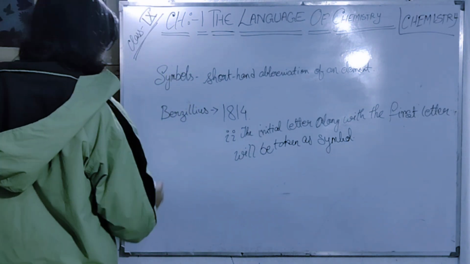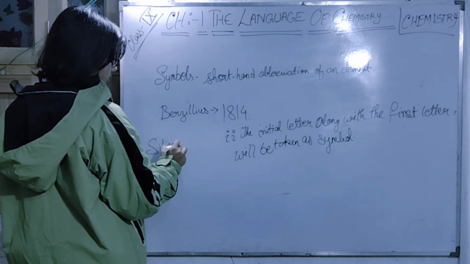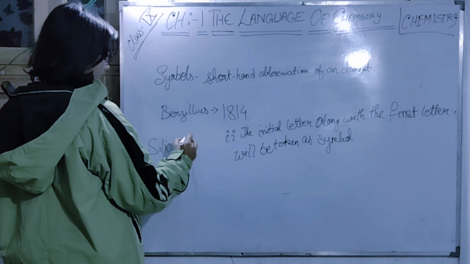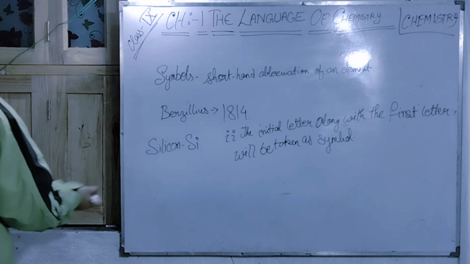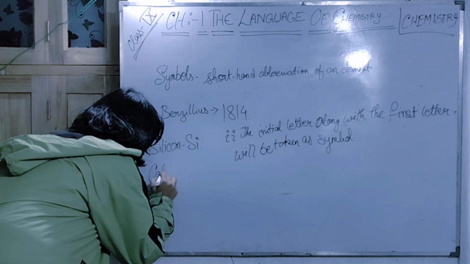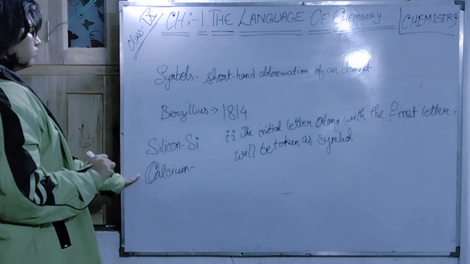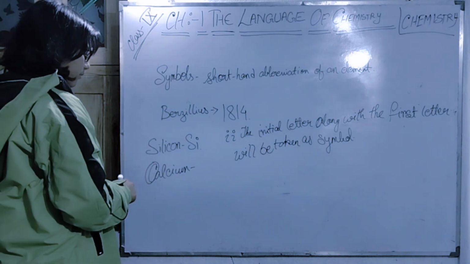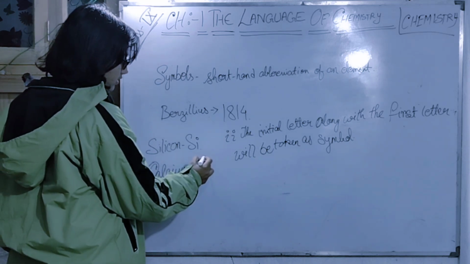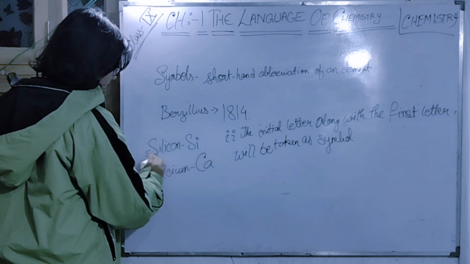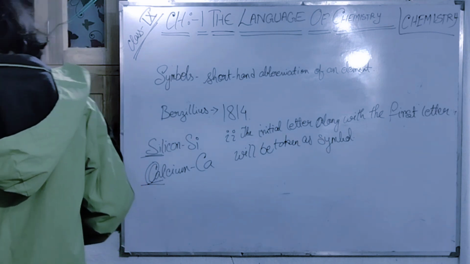Like for silicon, it also contains S first, but its symbol is Si. Another example, calcium. It also contains C first, but C we know stands for carbon. Then what will calcium stand for? Calcium will be standing for Ca. It constitutes both the first letter initial.